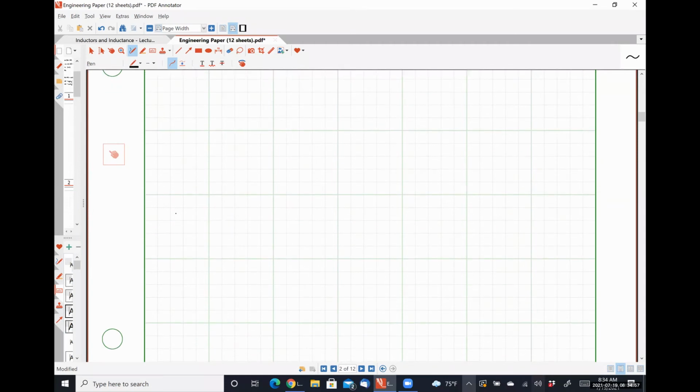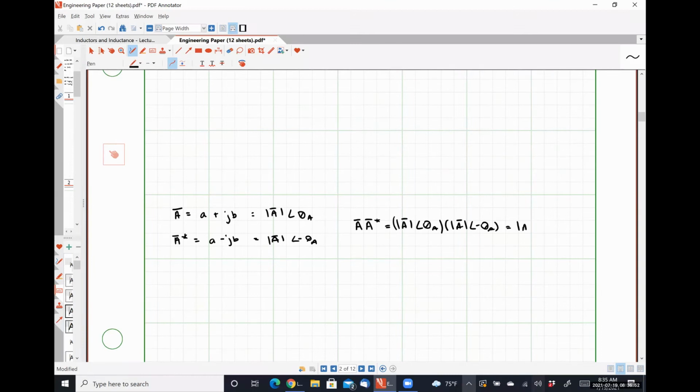Let's say we have a complex number A that is A plus jB, or the magnitude of A with an angle of theta A. That means A conjugate would be either A minus jB or the magnitude of A with an angle of negative theta A. So if I multiply A times A conjugate, that's the magnitude of A angle theta A times the magnitude of A angle negative theta A, which is just the magnitude of A squared.